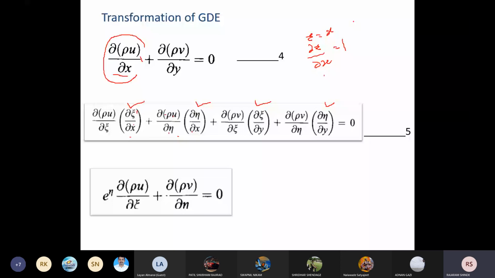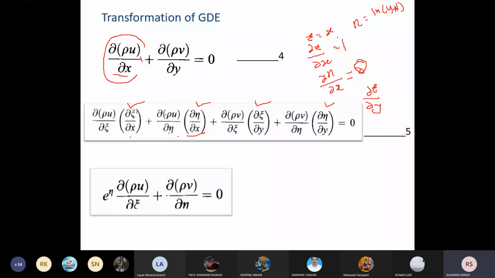So if I calculate the derivative of eta with respect to x, that will be 0. Now next, dou xi by dou y. Again, this is a 0 term. Xi is only a function of x, so its derivative with respect to y is 0.